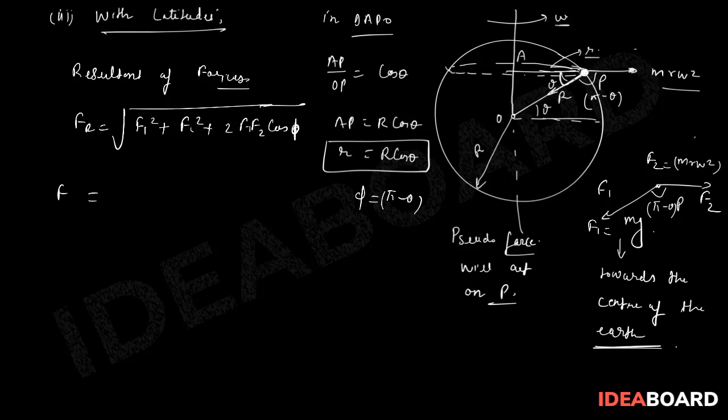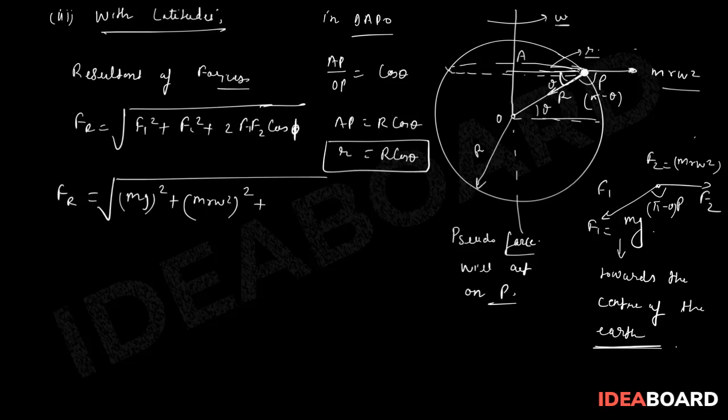So we can substitute: Fr is under root of (mg) whole square plus (m r omega square) whole square plus 2 F1 F2 cos phi. So that means 2 mg into m r omega square cos (pi minus theta), not phi as we have taken in our diagram.